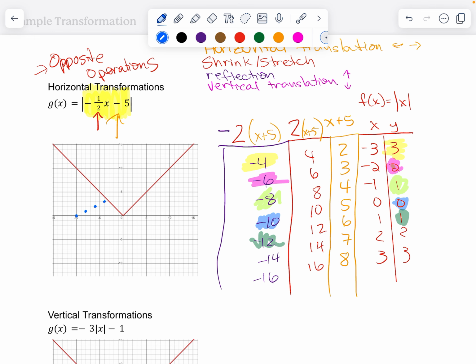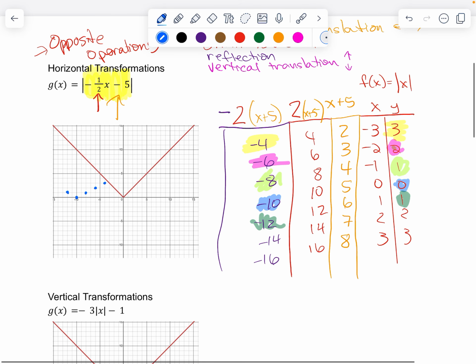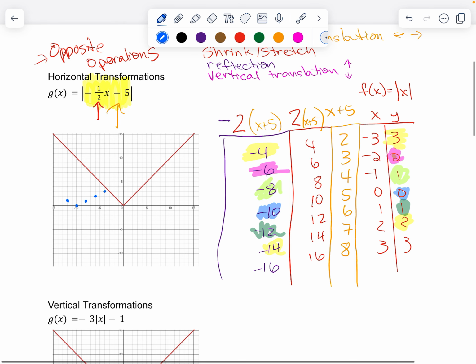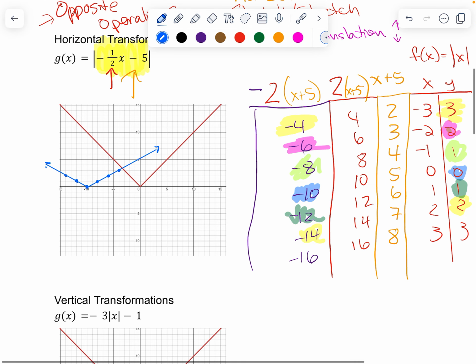Okay, negative 12, 1, and then negative 14, 2, and we can't go beyond that. And yes, it keeps on going forever and ever. And yes, they are supposed to have arrows on them.